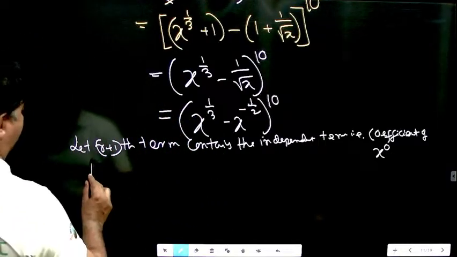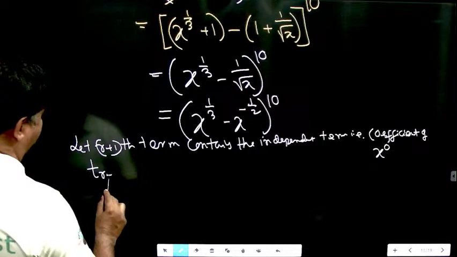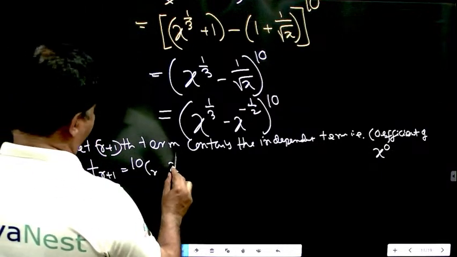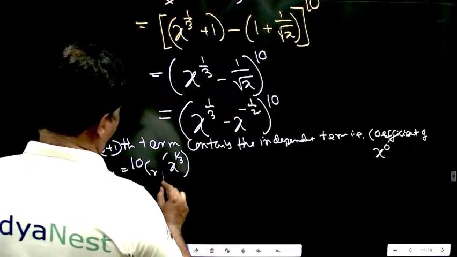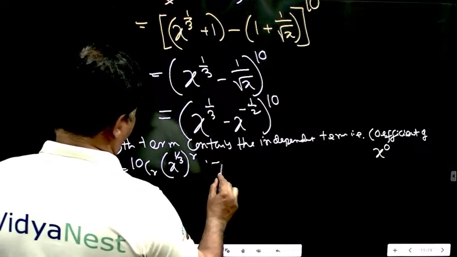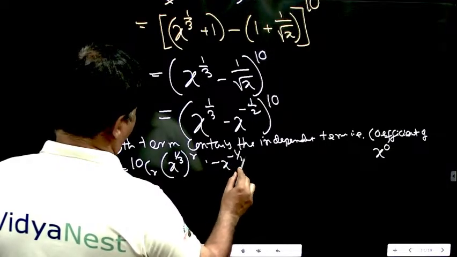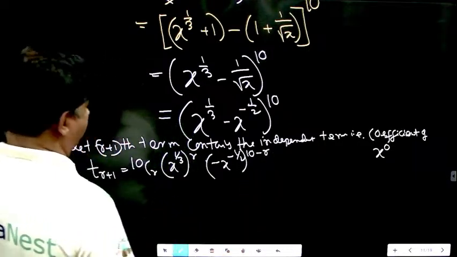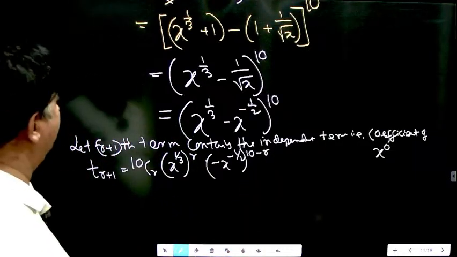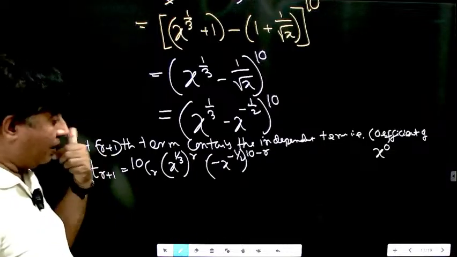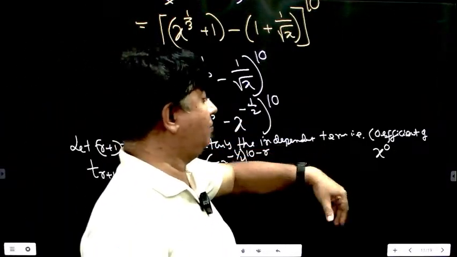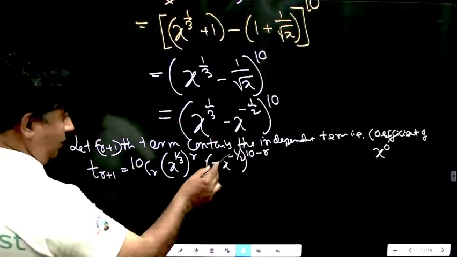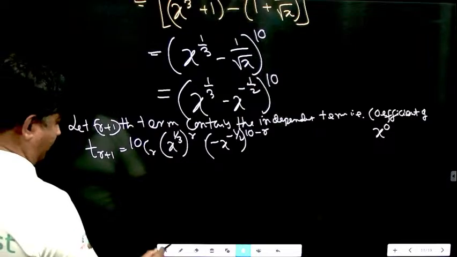Therefore, you find T r plus 1, 10 C r. This is the r plus 1 term, which contains the independent term, that is, the coefficient of x to the power 0. But see whether you are getting x to the power 0 or not.